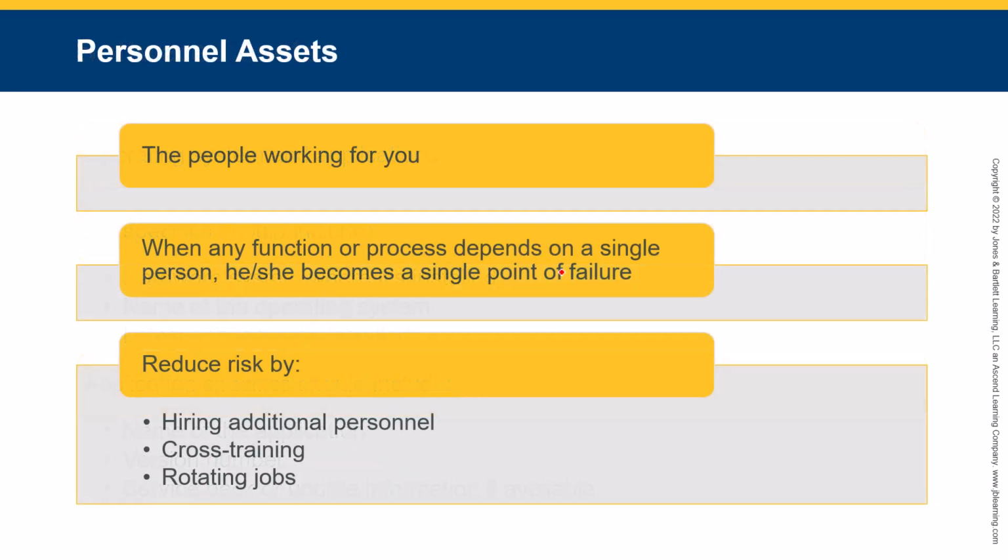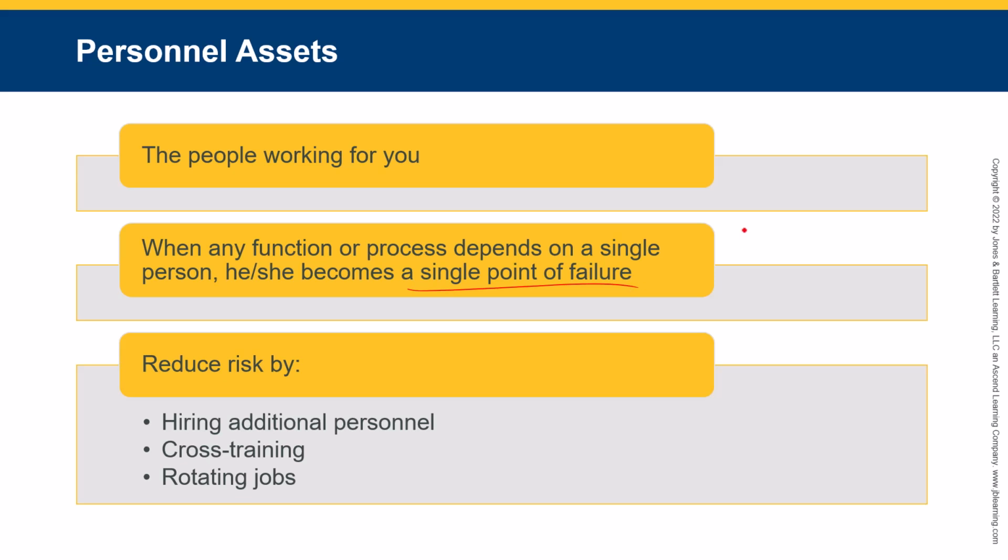That could also be personnel, but personnel isn't always necessarily tied directly to the software. Personnel are who's working for the organization. When any function or process depends on a single person, that person becomes the single point of failure.